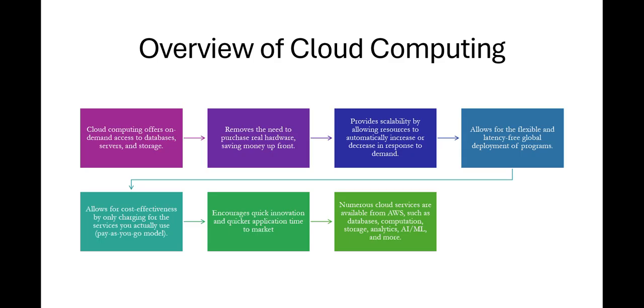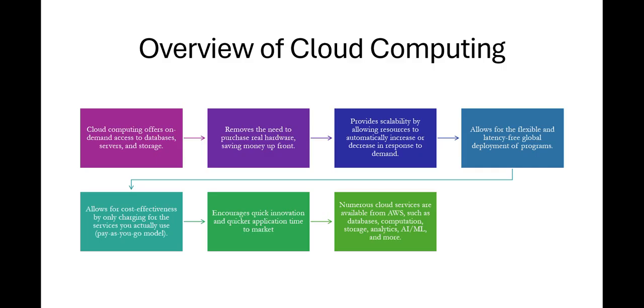And an overview of cloud computing. Cloud computing offers on-demand access to databases, servers, and storage. It removes the need to purchase real hardware, saving money upfront. It provides scalability by allowing resources to automatically increase or decrease in response to demand. It allows for flexible and low-latency global deployment of programs.